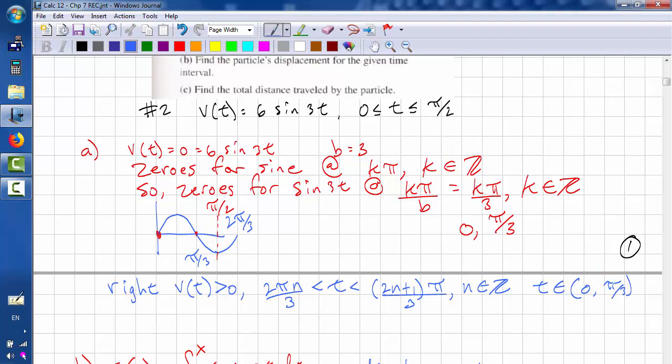And we're moving left when v of t is less than 0. So that's 2n plus 1 pi over 3 to 2n plus 2 pi over 3.